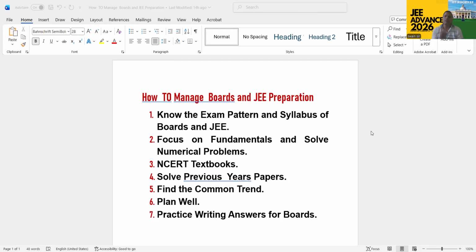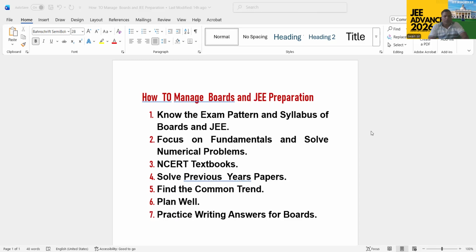Second is to focus on the fundamentals and solve the numerical problems. Secondly, strong fundamentals are the key to success in both boards and JEE preparation.